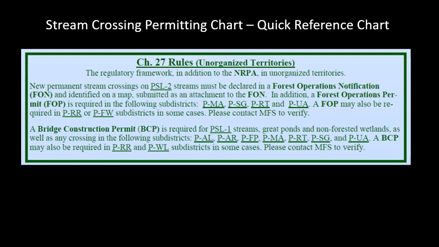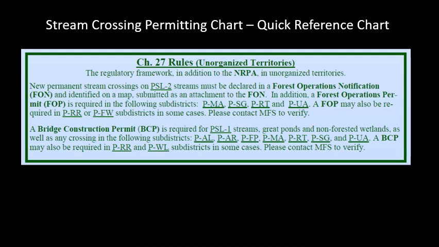You see here that it says that new permanent crossings on a PSL2 requires that you submit a forest operations notification, as you would anyways, but also identify that crossing on there and include a map as an attachment to that.